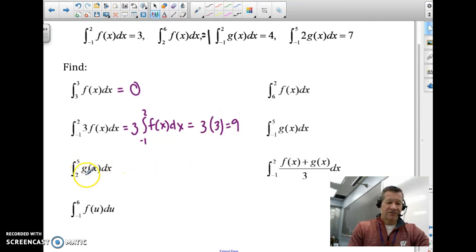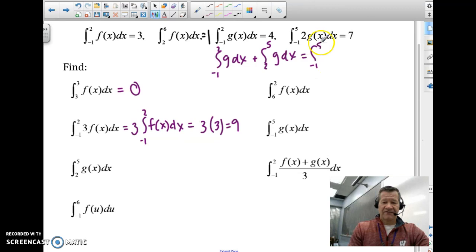Next one, the integral from 2 to 5 of g of x. I don't have that, but I know that the integral from -1 to 2 of g plus the integral from 2 to 5 of g should equal the integral from -1 to 5 of g. Now, I perhaps should have done this one first on the right here.